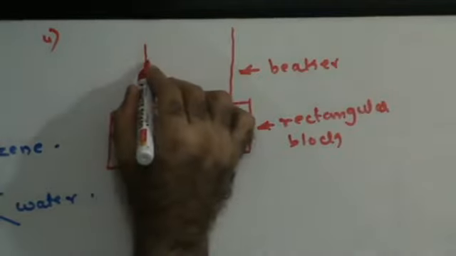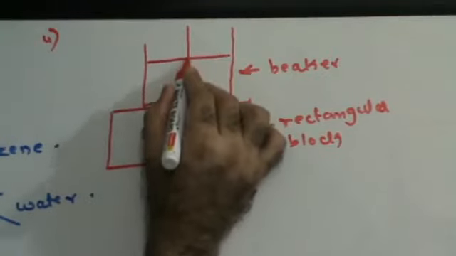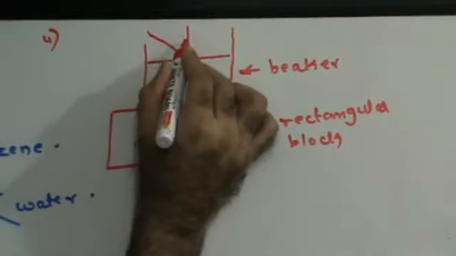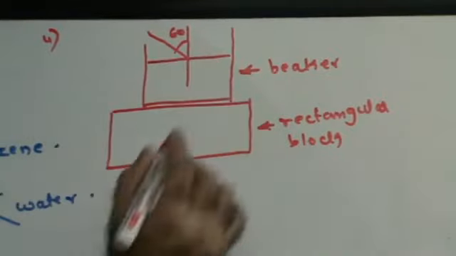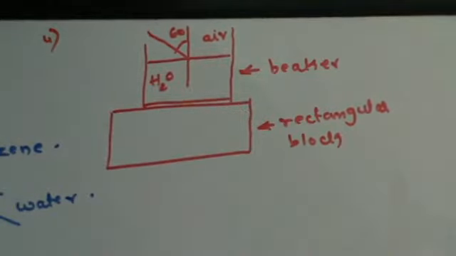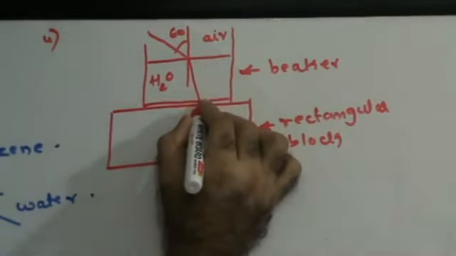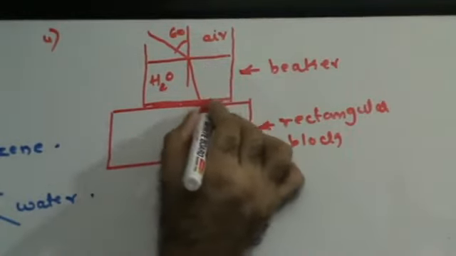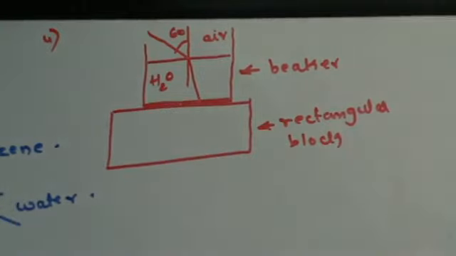It passes through the water and then falls on the top surface of the glass slab.